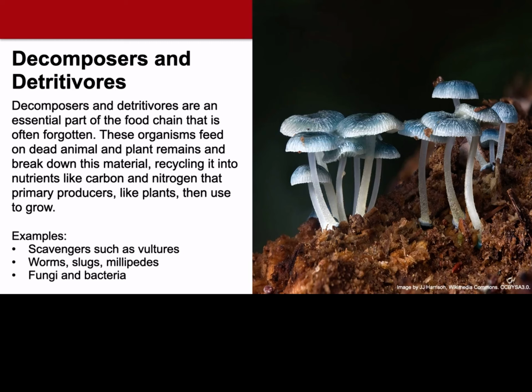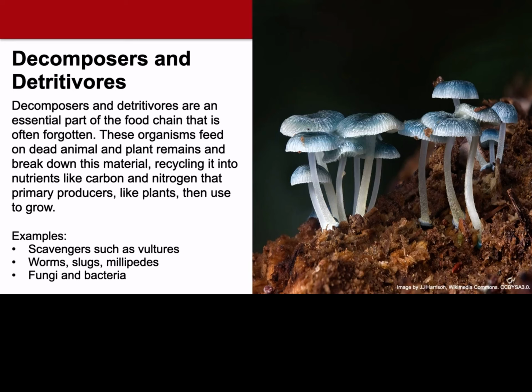Decomposers absorb nutrients from dead and decomposing animal and plant remains in order to break these substances down and turn them into organic and inorganic building blocks that other organisms then use to grow.